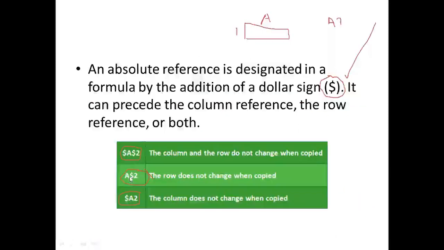When we place this dollar sign that particular side, then that means we are controlling the side of the row. Okay? This one controls both sides, the row and the column. This one controls the row. This one controls the column. So these are basically the types of referencing that we are able to take note of.